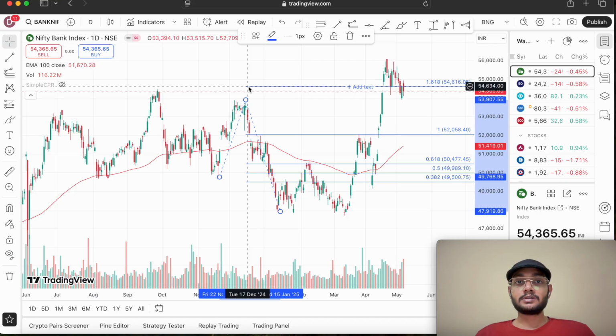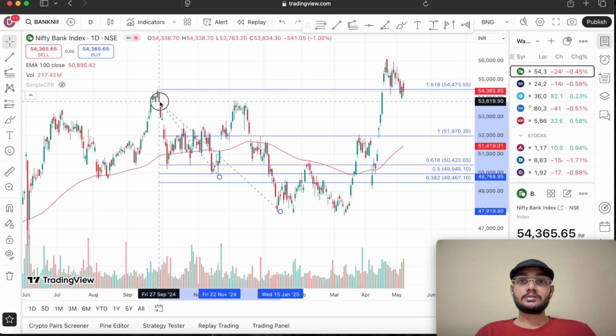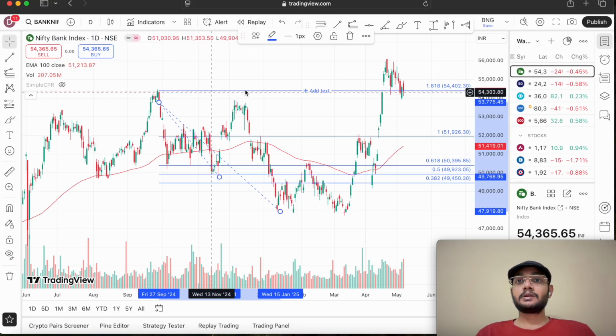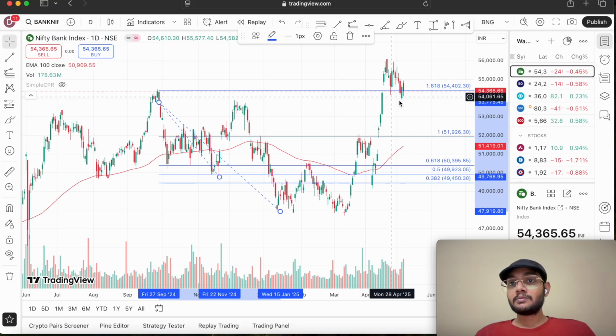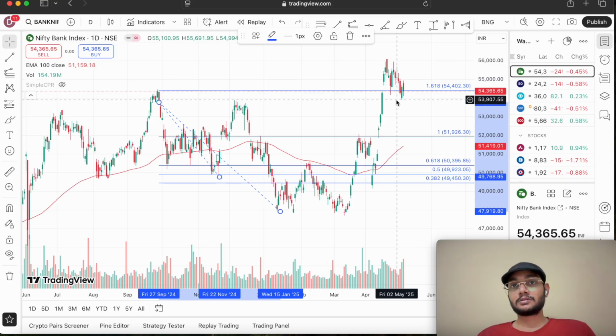And if I just extend it a little bit back, somewhere like this, it was a previous resistance level, and the current market is still respecting this level. So that's how the Fibonacci works.